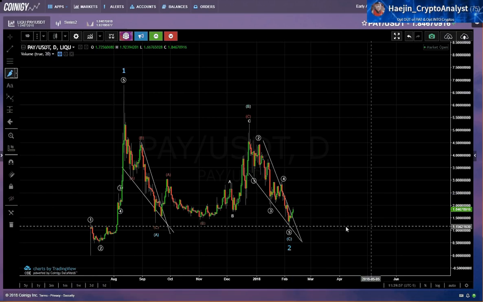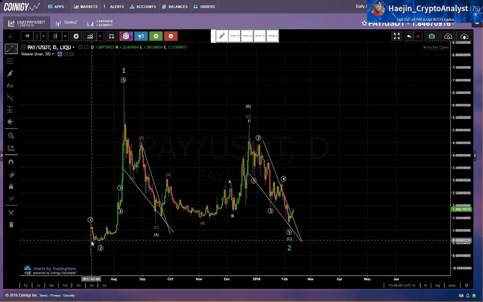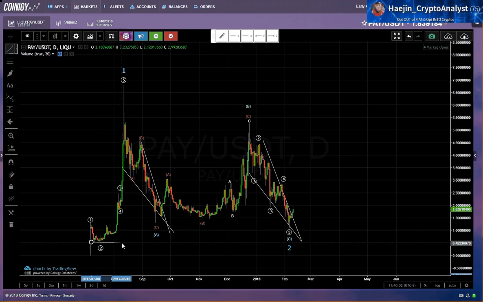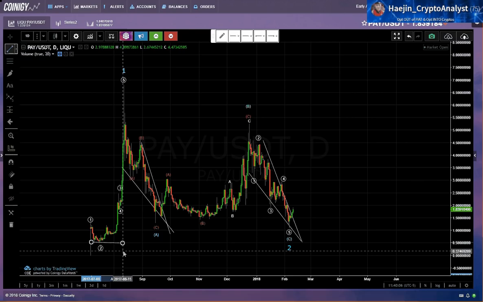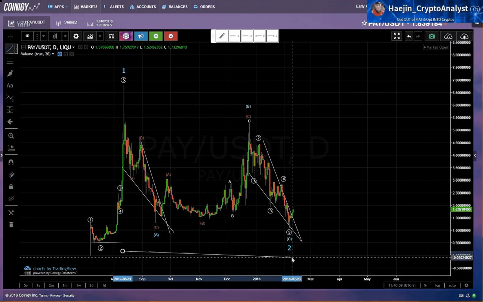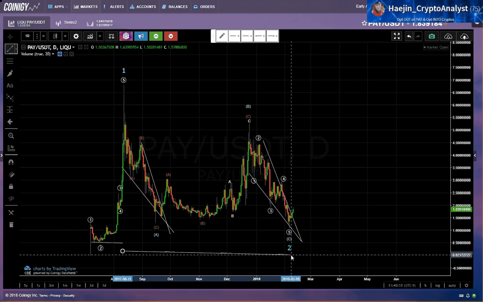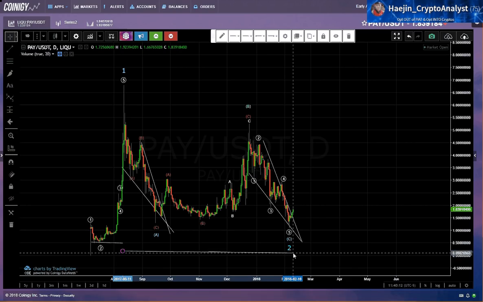But I think if you compare the time it took to put in 5 waves to the time it's taken now for the correction, enough time has elapsed.